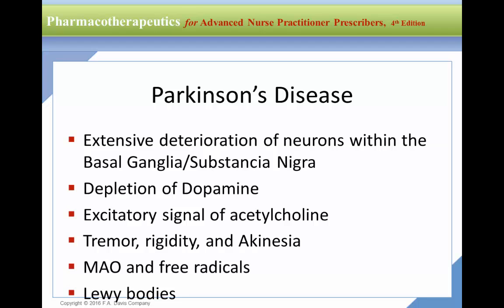Now, going back a little bit on the pathophysiology, remember that basically there is not enough dopamine at the level of the basal ganglia and the substantia nigra. In addition, there is another theory that there is an excitatory signal of acetylcholine. In addition, there are Lewy bodies at the level of the nigrostriatal system that produce all these symptoms.